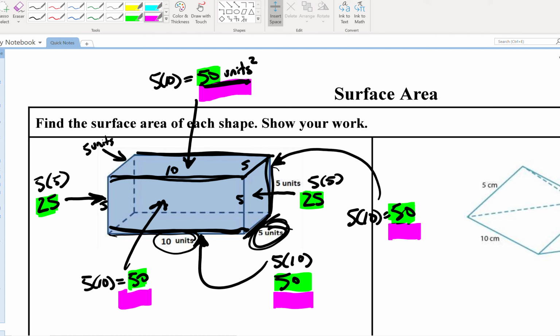So there's 4 times 50. And then I also have this area, 25. How many of those do I have? I've got 1 25, 2 25, and that makes up the 6. So I've got 2 times 25.